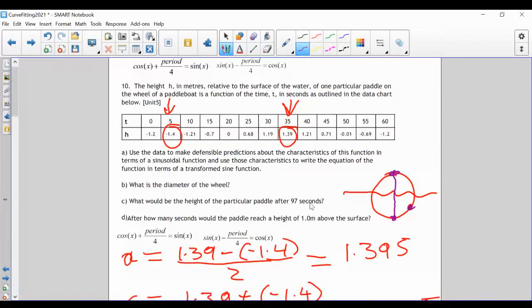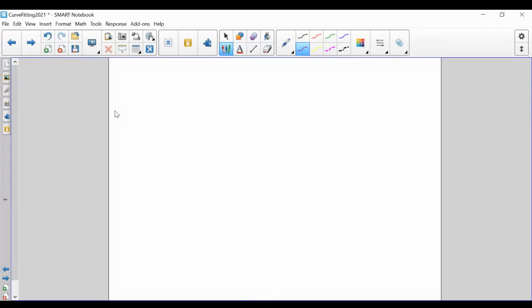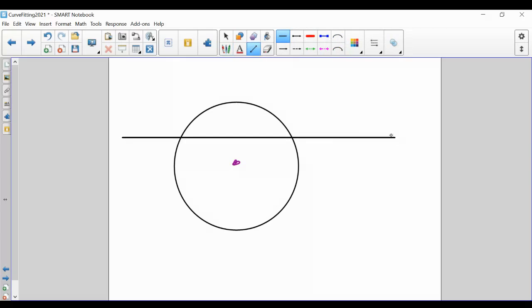Let's just think about this for a second. Let me open up another thing here. Let me put a circle here. Right? So if I have, let's say the center of the circle is somewhere around here. If I have something, let's say the 1 meter mark is, I'm going to put a line in for that 1 meter mark. Let's say this distance here is 1 meter above the surface.